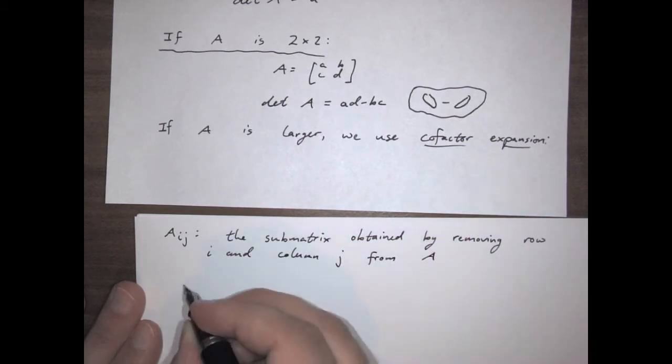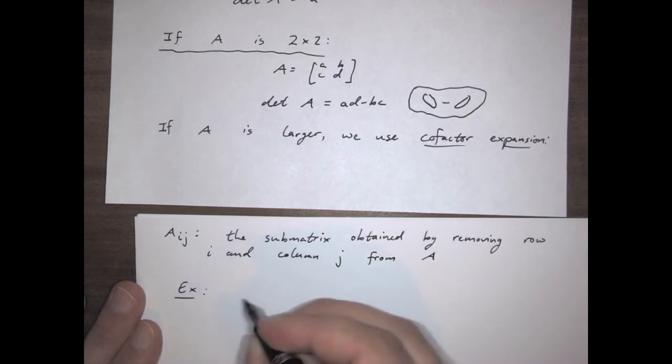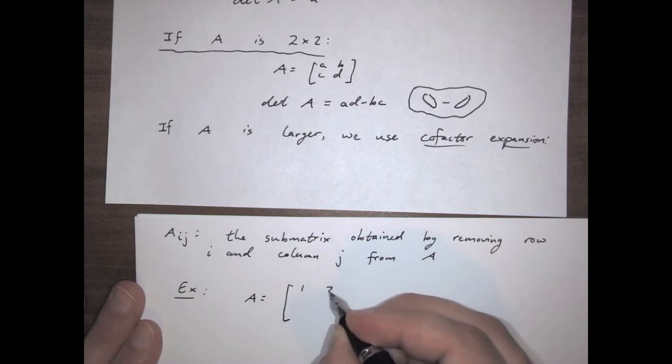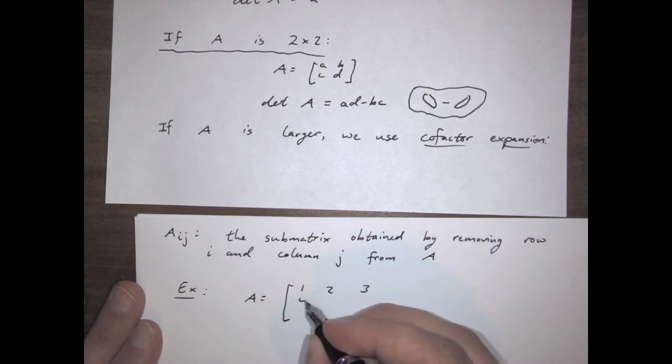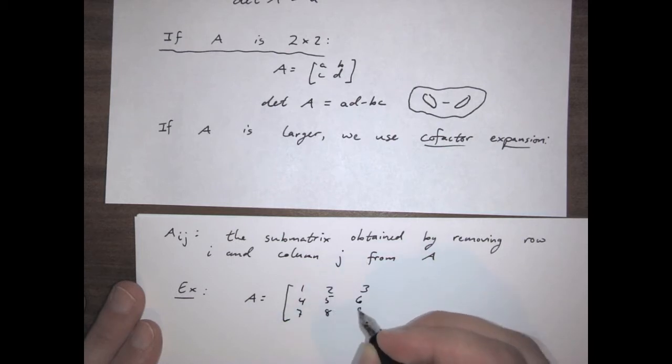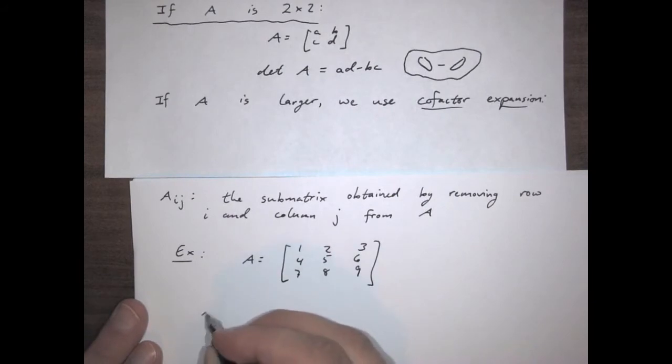So for example, let's say we had A equals 1, 2, 3, 4, 5, 6, 7, 8, 9. Then let's say we wanted the submatrix A_2,3.